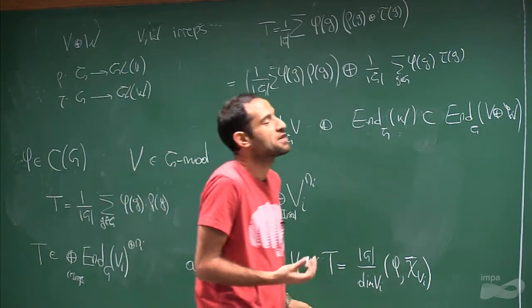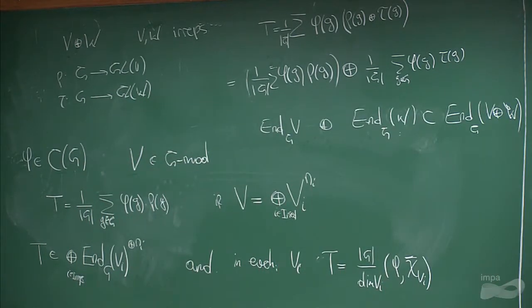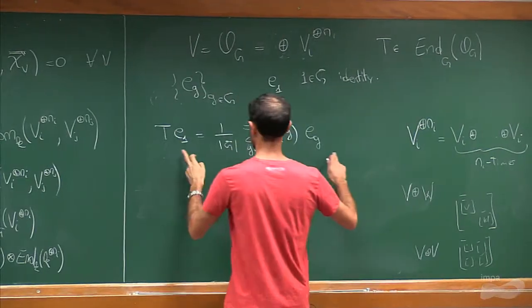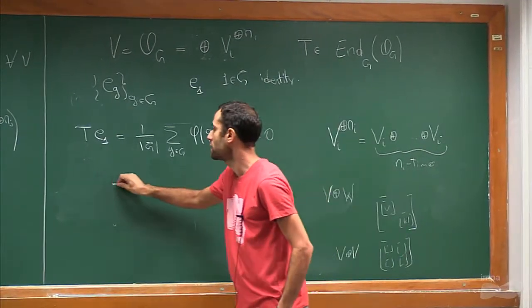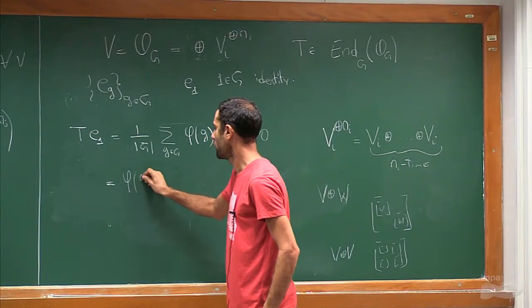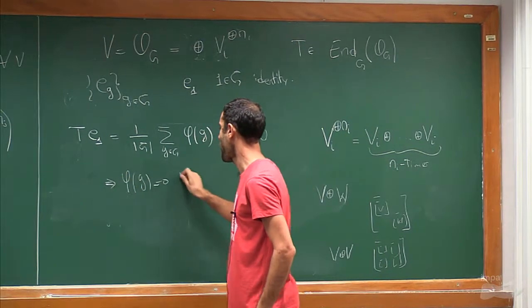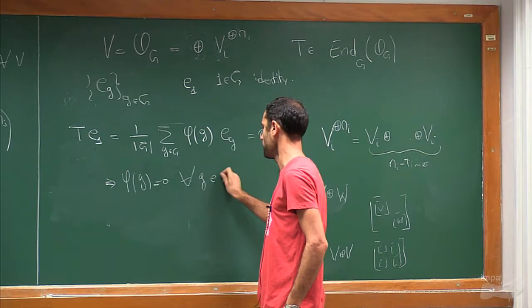This applies in the particular case of the regular representation, where all irreducible components appear inside. And then we use that fact to prove that this T is 0. But this implies that phi of G is 0 for every G in G.